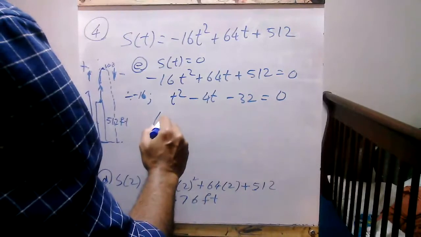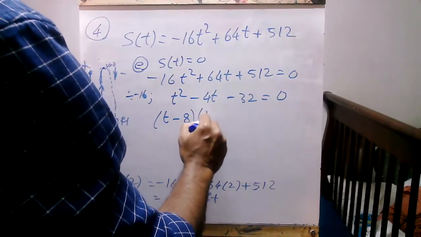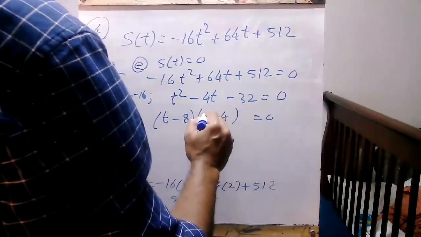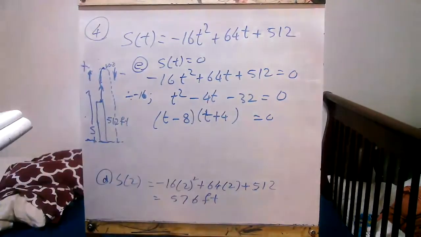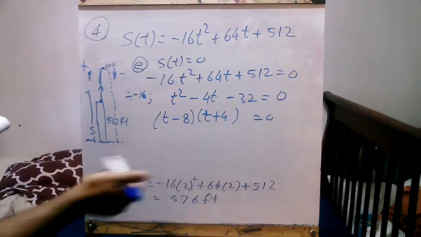Factor this out: (t minus 8)(t plus 4) equals 0.